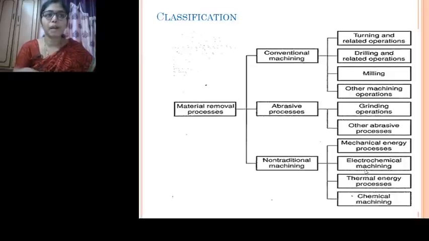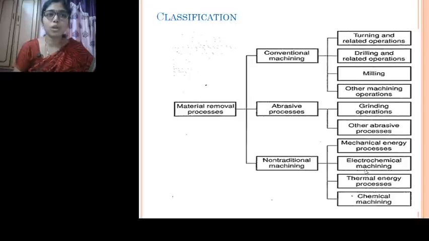Then after some time, there will be a chemical reaction occurring between the silver metal and the tamarind pulp, and there will be a material loss from the surface, that is, the oxide layer will be lost from the surface.